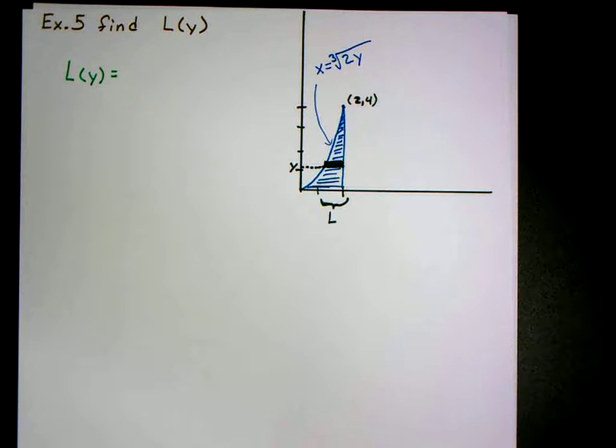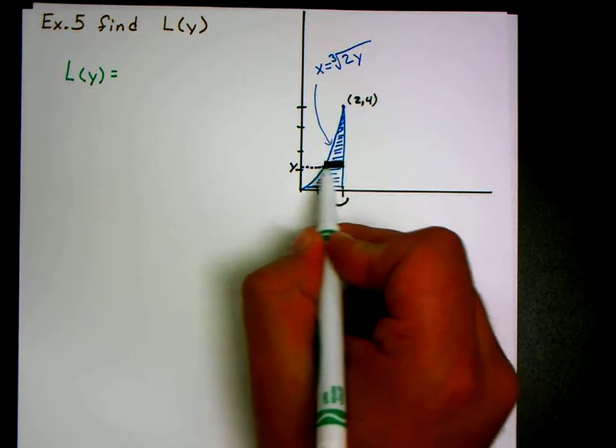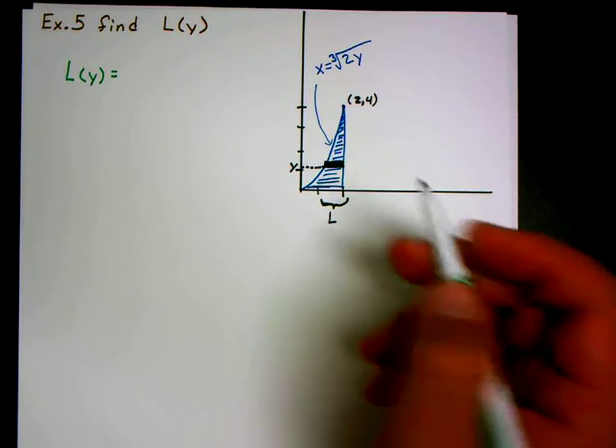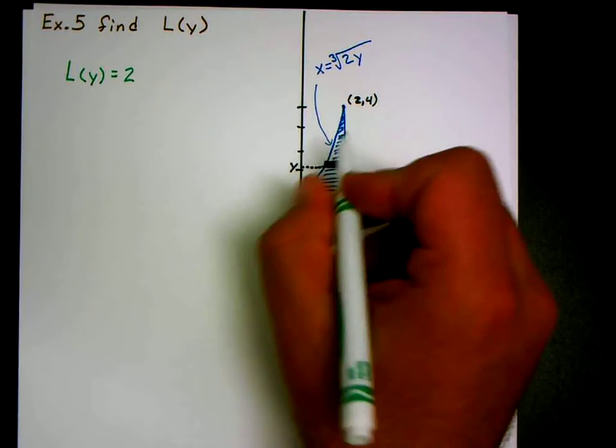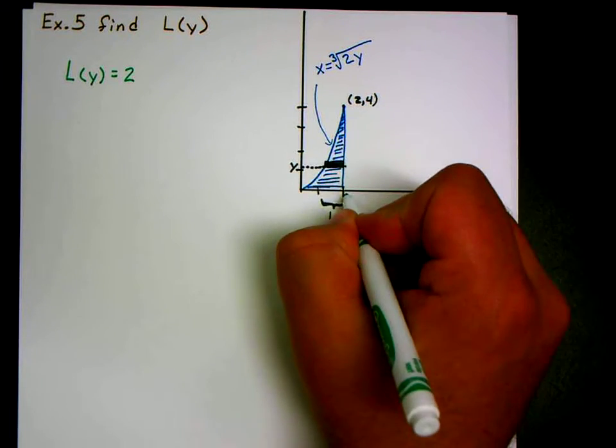Well, what's the largest value for this? So we're trying to find the length of this rectangle. What's the larger value? 2. Right? The larger end of this rectangle is sitting here at 2.